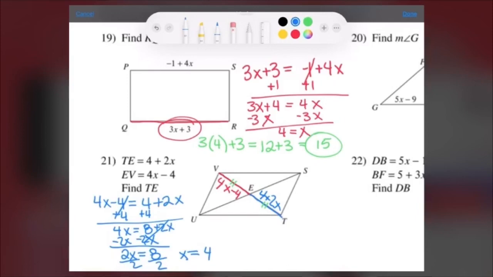So the question says find TE. So TE we know is 4 plus 2x. So all we have to do is plug 4 in.